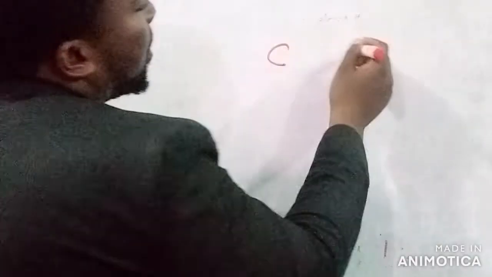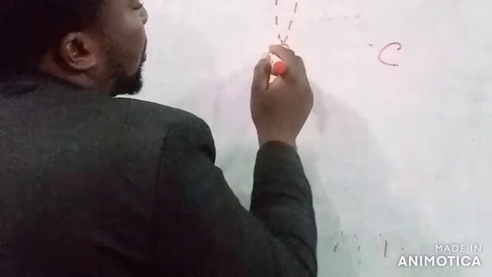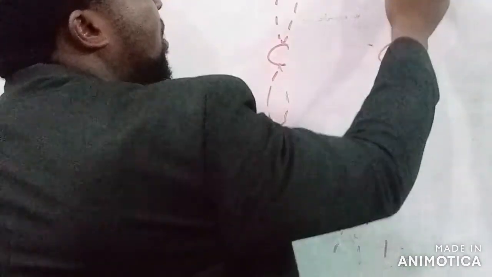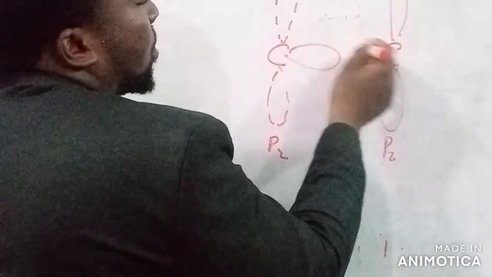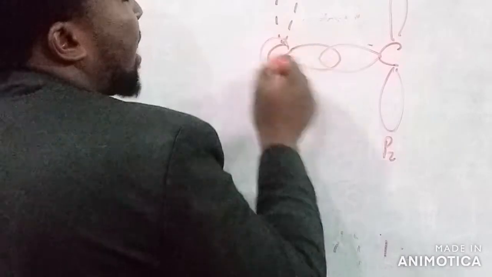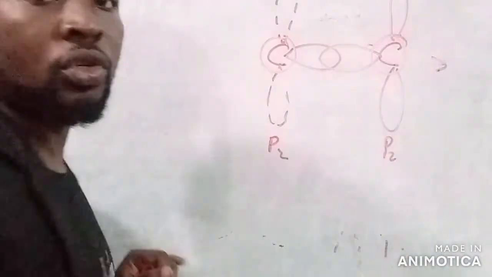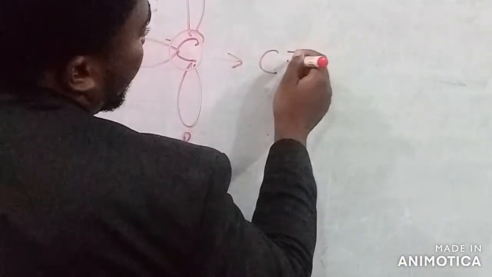Alright, so when you have two carbon atoms sitting close to each other, the overlap of the three distinct regions I just mentioned, that is the Py, the Pz, and then we have the hybridized parts of the carbon atoms. So the overlap of 1, 2, 3 gives rise to triple covalent bonds. 1, 2, 3.